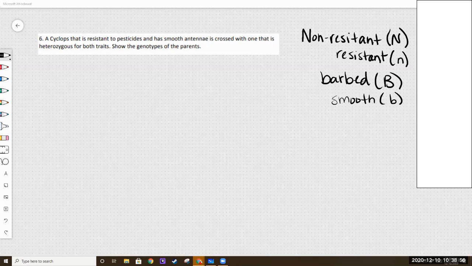Oh, in this case, I told you because it was another question that gave you something else. But usually they'll tell you, George. They'll either put the capital or lowercase, or they'll tell you this trait is dominant to this trait. You're welcome.